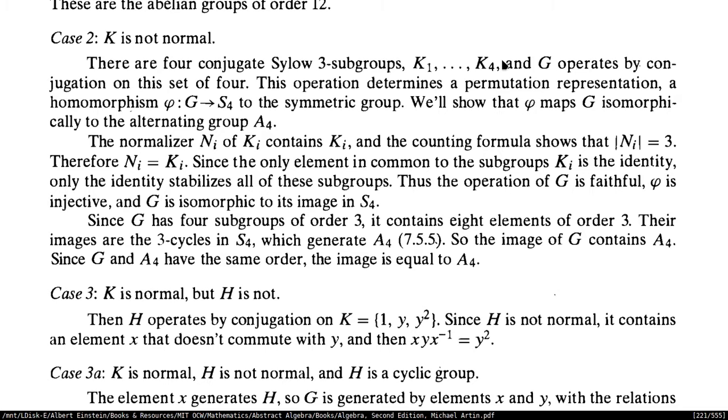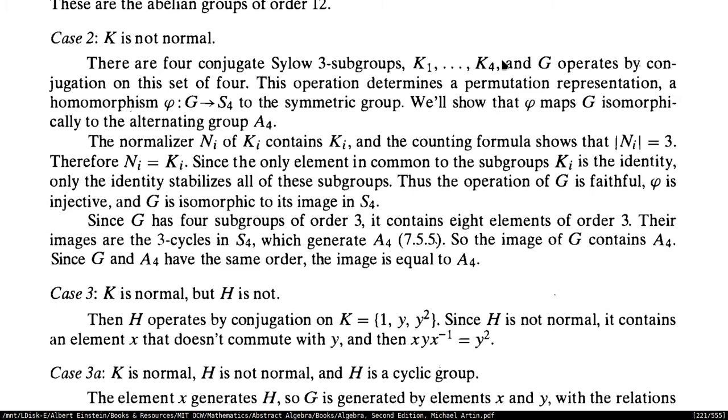What's the counting formula again? There was some confusion about the stabilizer, normalizer, and the centralizer.